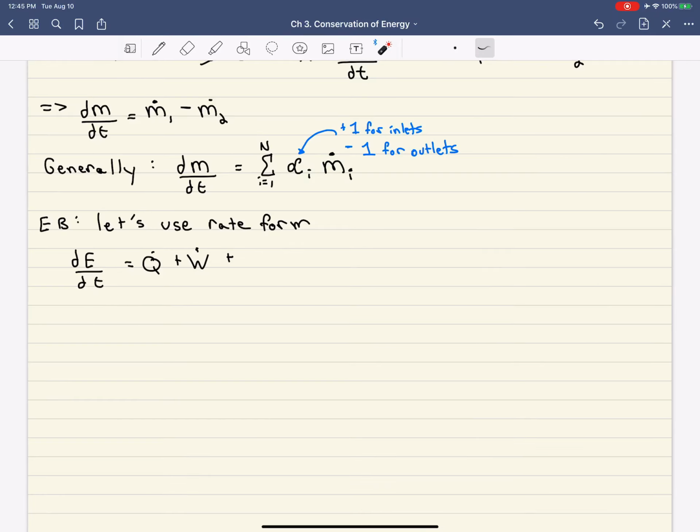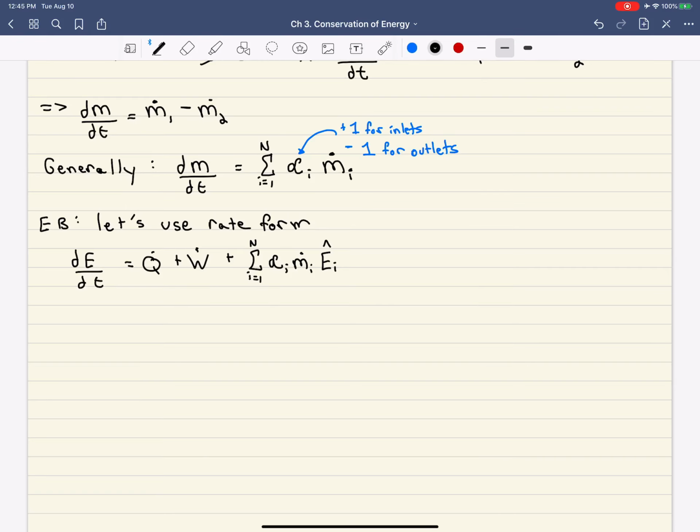But now what we need to consider is the energies of the inlet and outlet streams, okay? And so in our energy balance, we now need to add on a new term, which looks like the material balance equation, but multiplied by that mass flow rate, we now need to add on some sort of specific energy term as well.